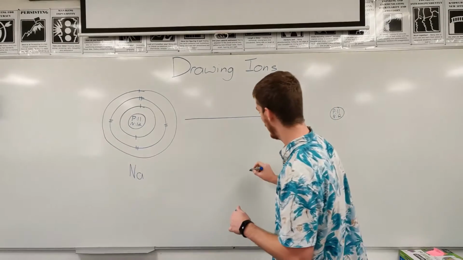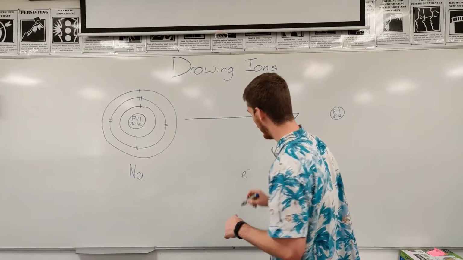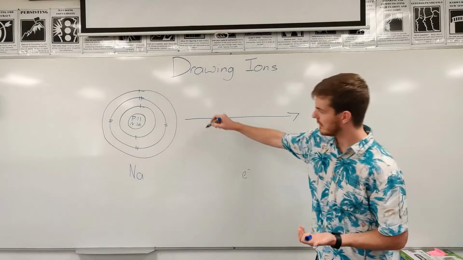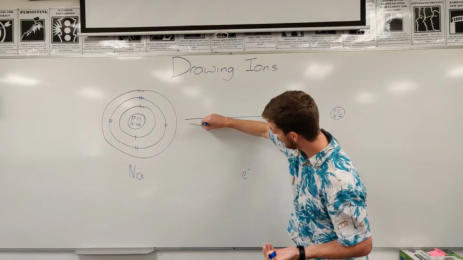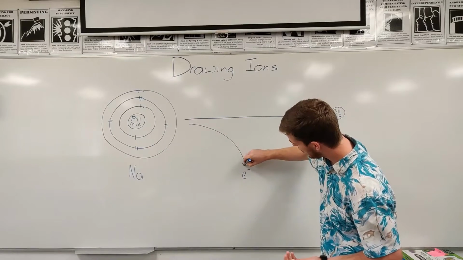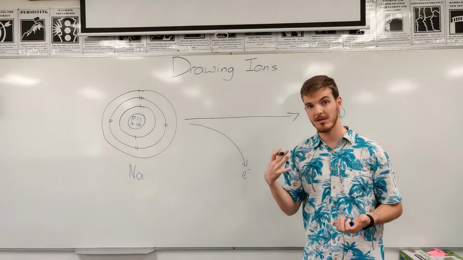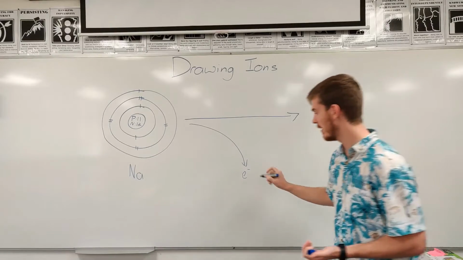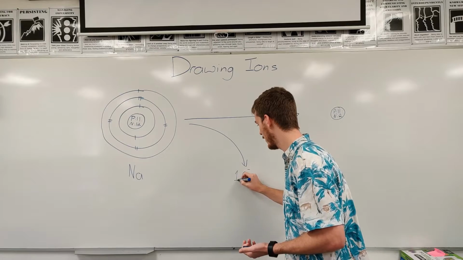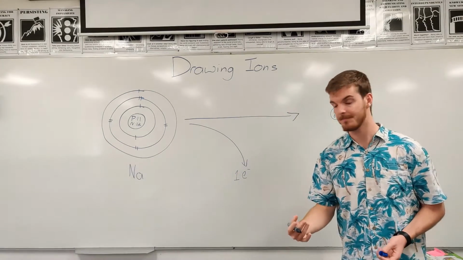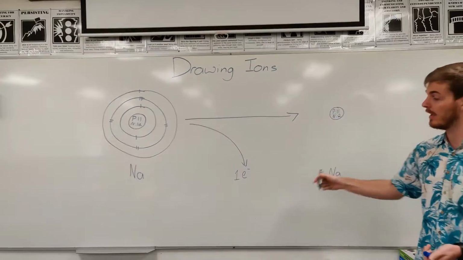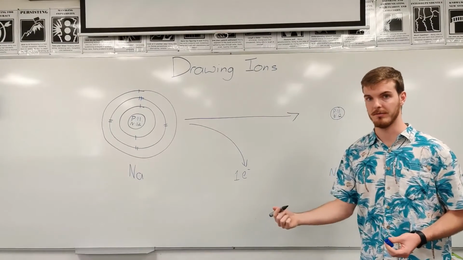Here I have a little minus symbol, and I draw a little arrow coming off, saying that to become this ion, you need to lose an electron. How many electrons have we lost? We've lost 1 electron.